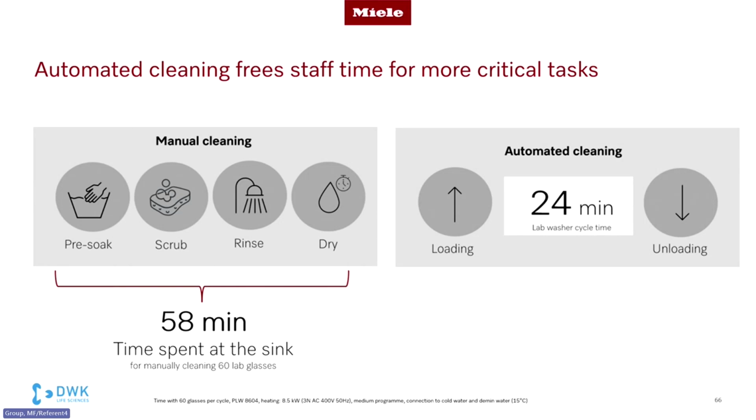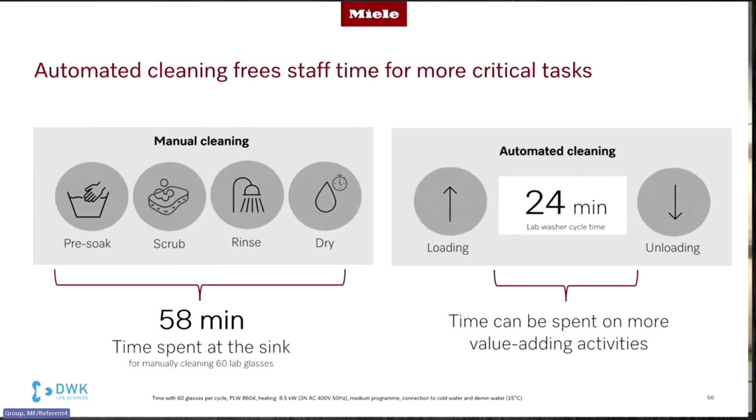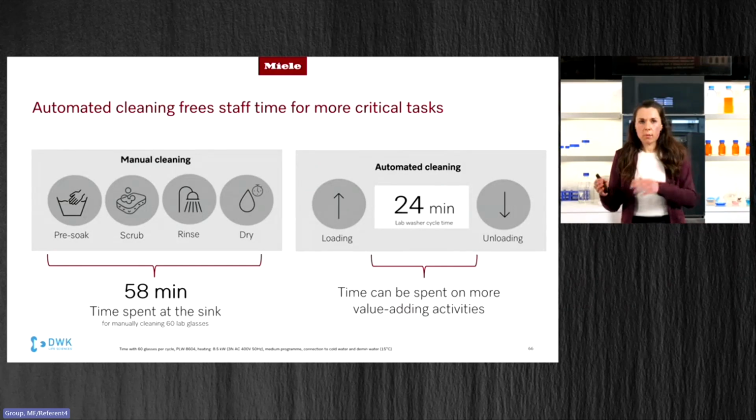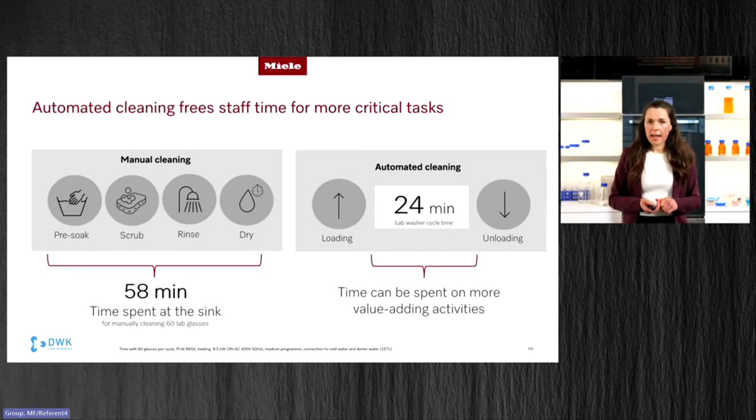While the machine runs for 24 minutes, you are free to focus on more value-adding tasks. In many labs, staff time is the most valuable resource, and shifting that time from manual cleaning to more value-adding tasks can be a real efficiency gain for the laboratory.